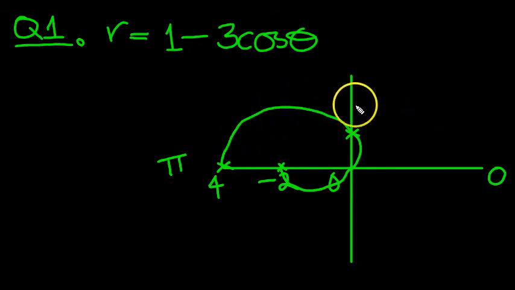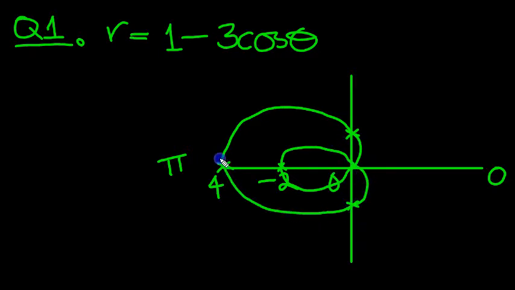The cosine has the same values here, 0 to pi, as it does from 0 to minus pi. So these values of r will be the same in these coordinate quadrants as they were in these quadrants. So that results in the same mirror image being generated. So we'll basically be drawing a curve like so, and then round to 4. Sorry it's not drawn terribly well, but let's just confirm that with the plotter.